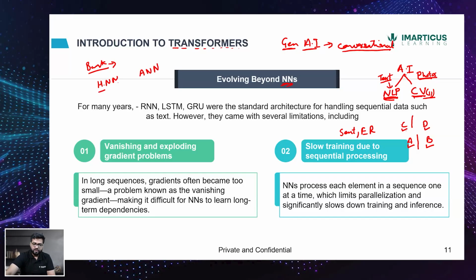The human neural network has a structure: we have neurons, each neuron passing information to another neuron, and that becomes a huge chain. Similarly, artificial neural networks perform the same thing. We have a chain of millions and millions of artificial neurons connected to each other, passing relevant information and filtering out irrelevant information.